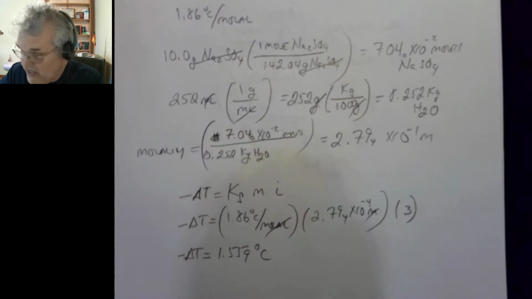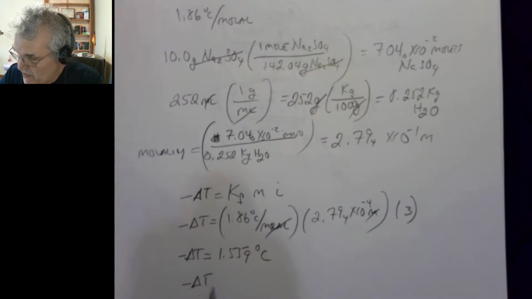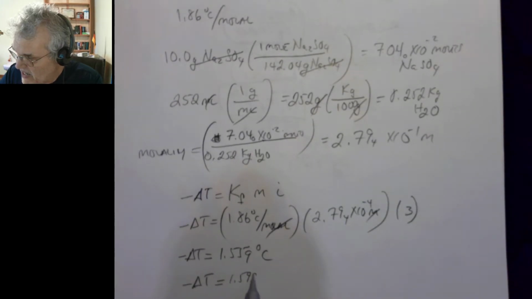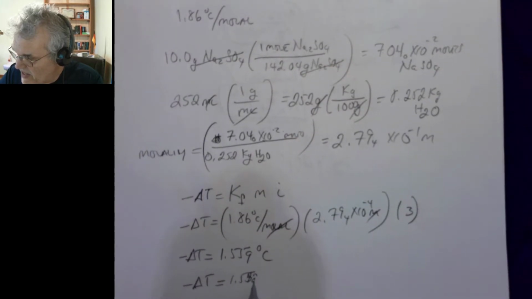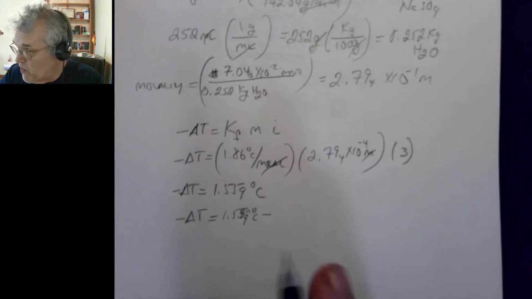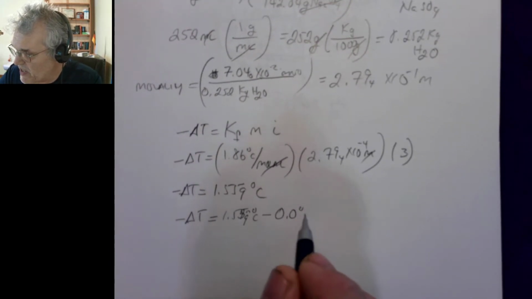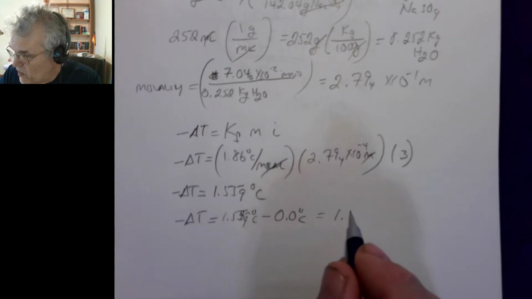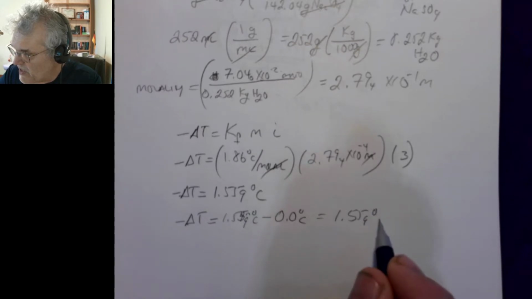1.559 degrees Celsius, which means that negative delta T is equal to final temperature, which is the 1.559 degrees Celsius, minus the original freezing point, which was 0.0 degrees Celsius, and that's going to give us 1.559 degrees Celsius.